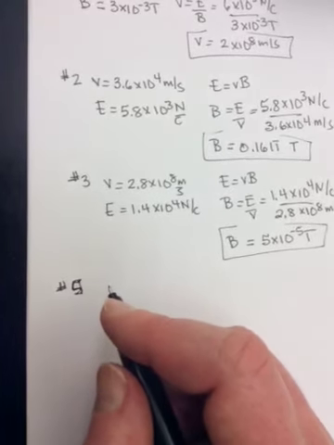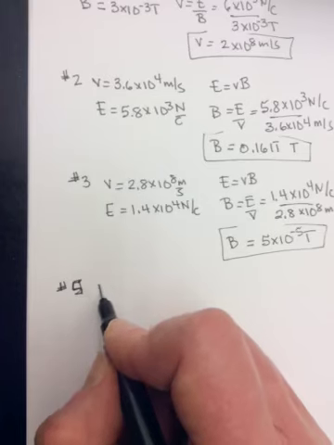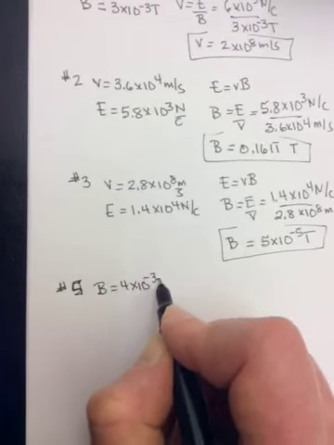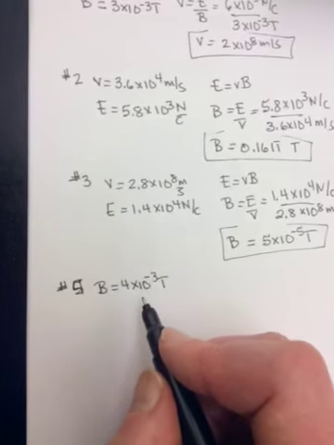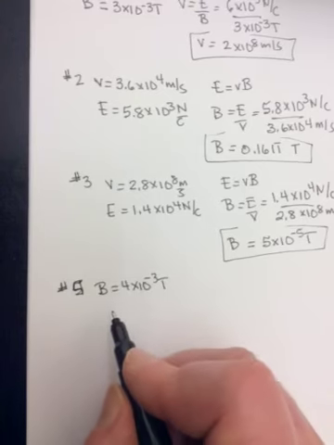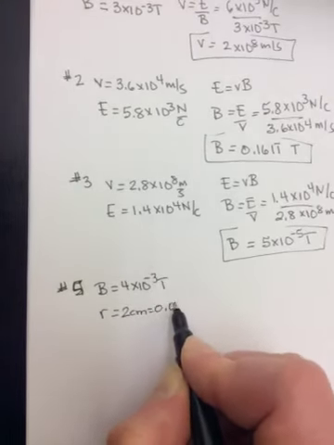Number 5, electrons move across a 4 milli Tesla magnetic field. So B is equal to 4 times 10 to the negative 3 Teslas. That m means milli. They are following a circular path of radius 2 centimeters, so 0.02 meters.